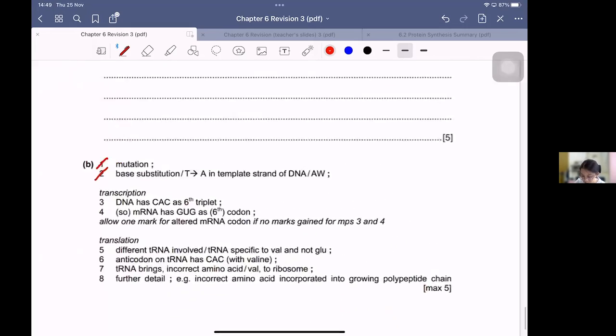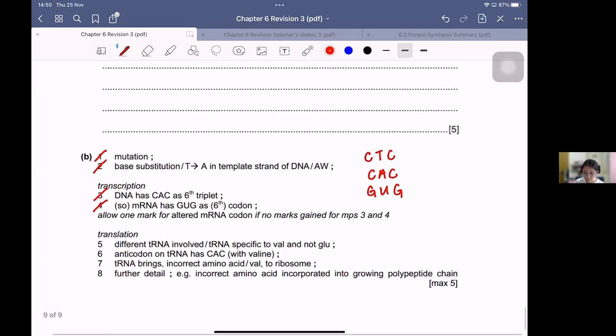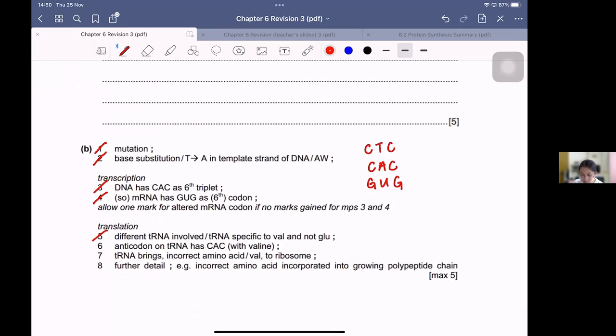So if there's a single change, we substitute the T to get CAC. So the DNA has CAC as the 6th triplet, and therefore the mRNA has GUG as the 6th codon. And because the codon on the mRNA has changed, the anticodon on the tRNA also changes.